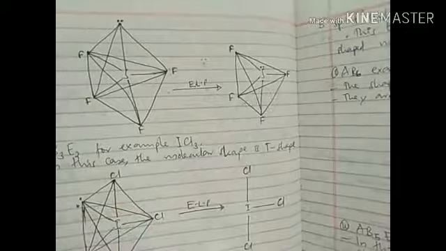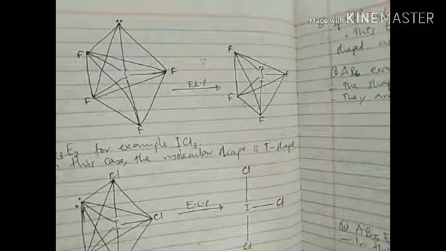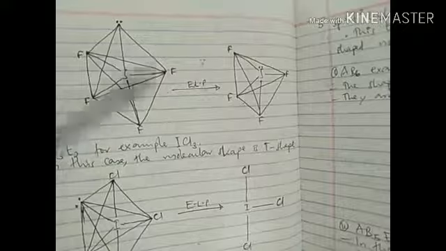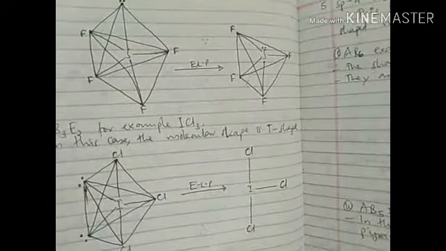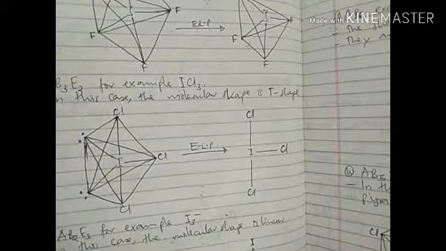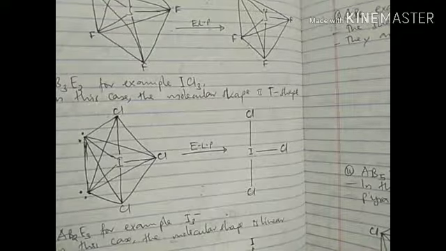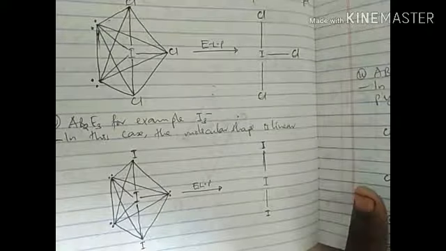Elimination of the lone pair changes the shape into this, which was trigonal pyramidal. And if you have two lone pairs, the shape changes into T-shape. So as you can see, with the presence of two lone pairs, the molecule changes into a T-shape, and the example is iodine. With three lone pairs, the molecule changes into linear.